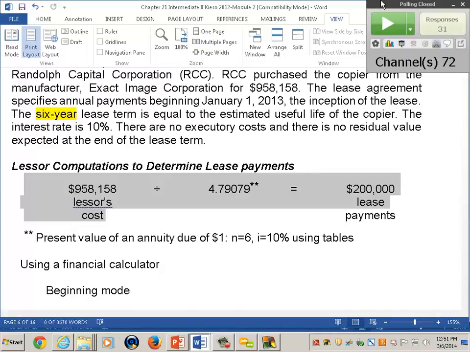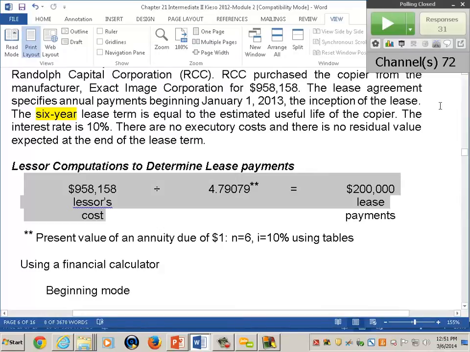Now we already know that. And by the way, just another issue that you have to keep in mind, there are no executory costs in these problems.